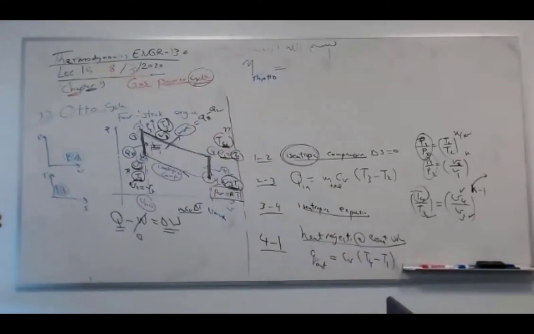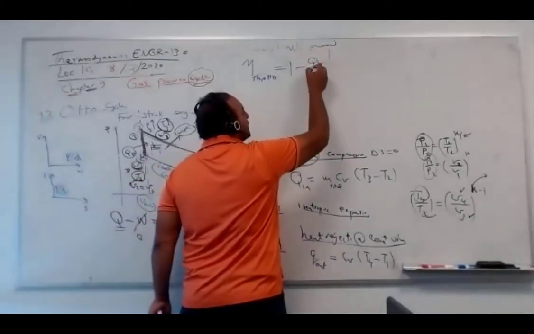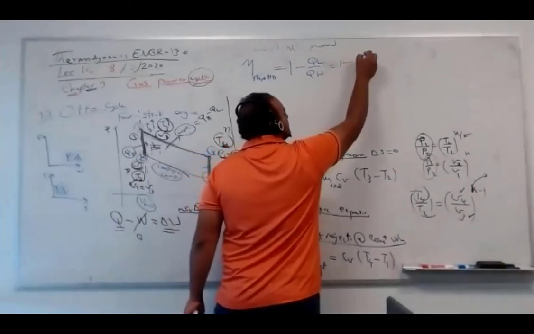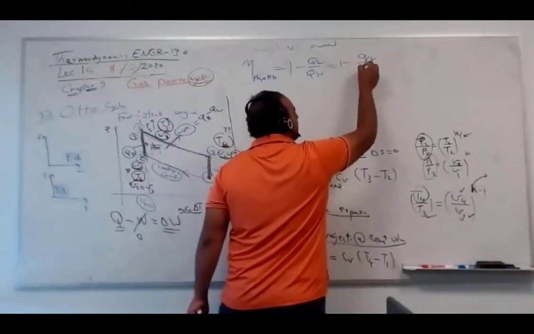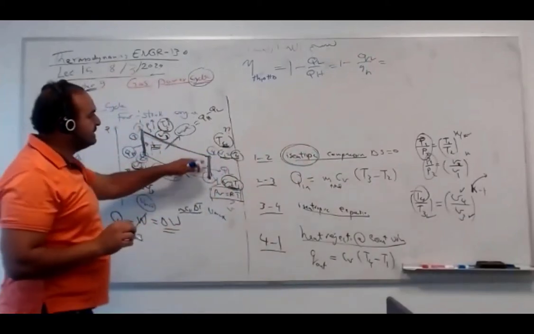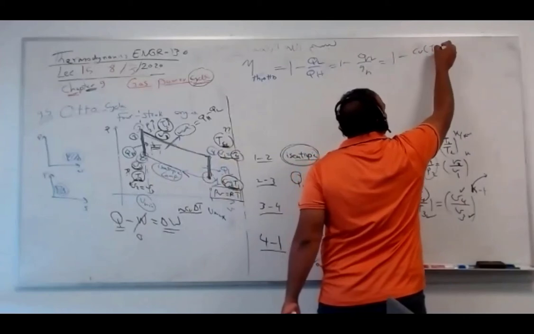So eta thermal here is what? Let's talk about eta thermal of the Otto cycle. It's 1 minus Q low over Q high. Q low is Cv delta T, which is Cv (T4 minus T1).